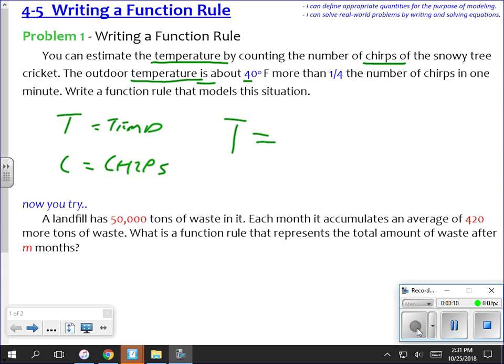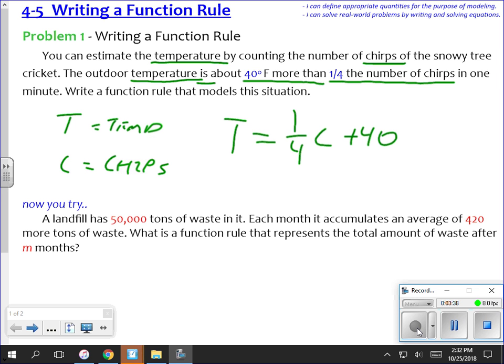About 40 degrees more than 1/4 the number of chirps. To find 1/4 of something, of means times. So I want 1/4 the number of chirps. That means I'm going to have 1/4 times C, and then 40 more than that. What does 40 more mean that I do? I add 40 plus 40.